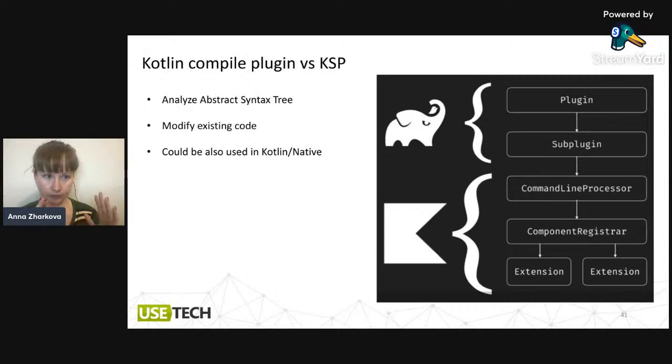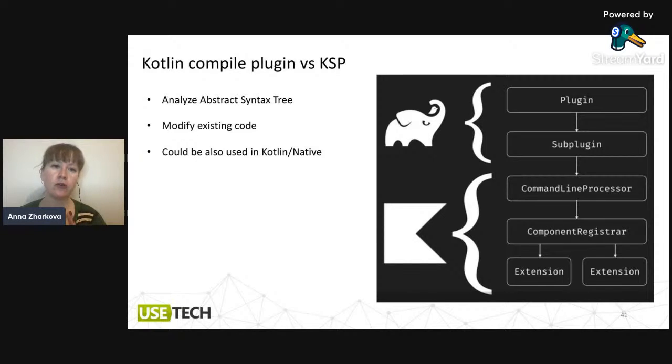And it could also be used with Kotlin Native, so it's also a multi-platform solution. The solution could be really equivalent to Kotlin Symbol Processing. It will be really equal in our result, but we are comparing creating new code by generating new sources and modifying existing code. So let's begin.